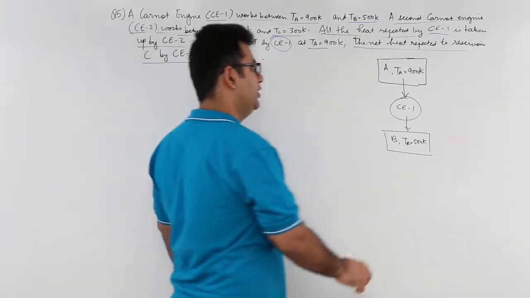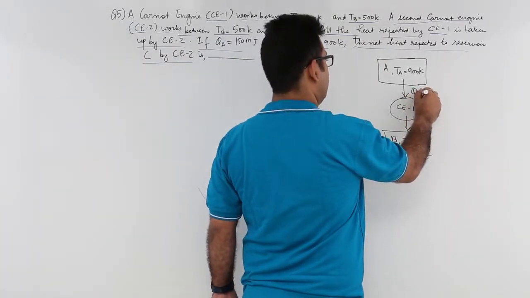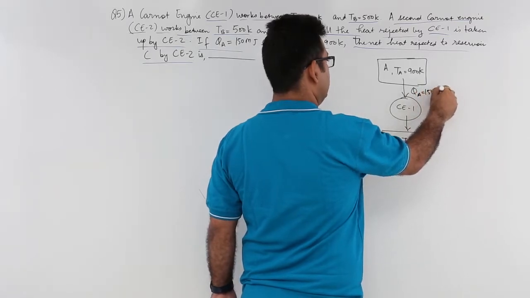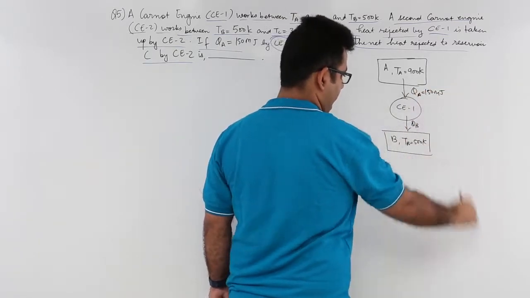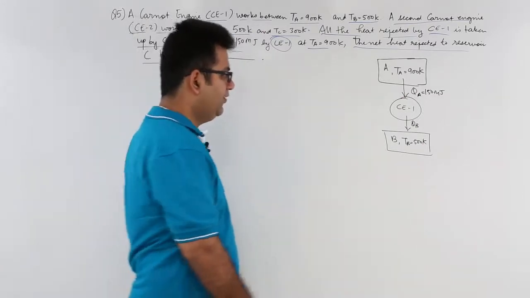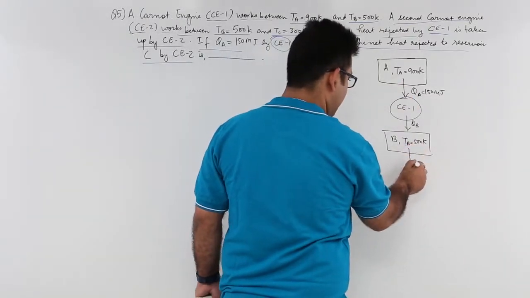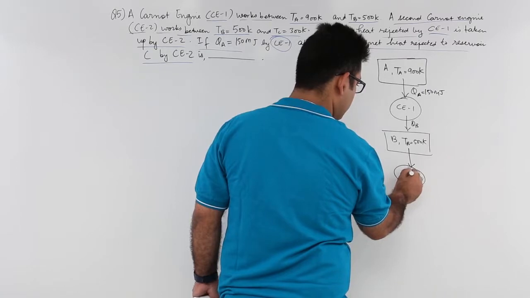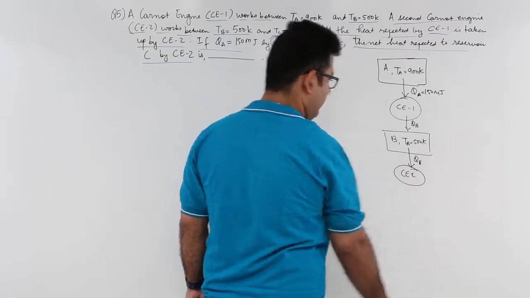This QA is 150 megajoules and then this is QB. Whatever heat this rejects is taken up by CE2, so this is CE2, and this is QB.